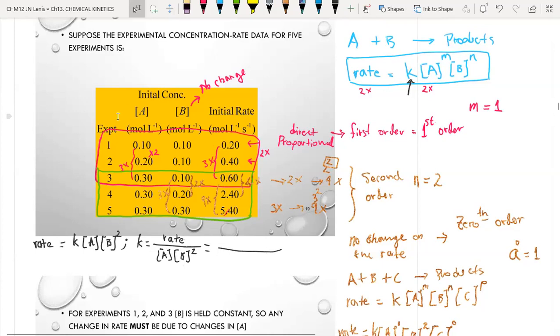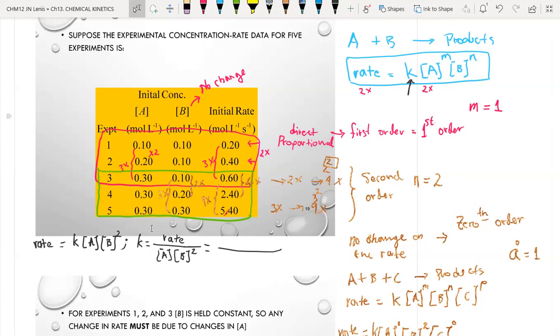And which one? We have 5 experiments. Which one do you want to plug in? You can choose. Pick and choose. You can use any of those experiments to get values to plug into the equation.